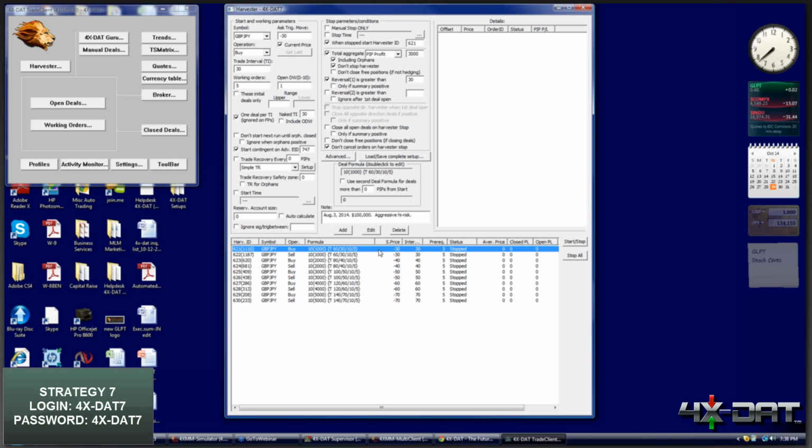In a range-bound market, you don't really need a trade recovery such as the zone recovery, simply because the market's going up and down and up and down within a couple of boundaries, the high boundary and the low boundary. And the market is not going to run away from you if it stays within that range. So you don't necessarily need to be concerned about a trade running away from you.